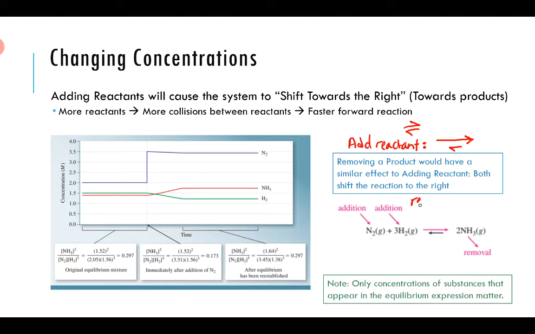And if we remove product, our forwards reaction is the same as it was initially, but now our backwards reaction has essentially slowed down. So it has the same effect, but for different reasons. And so both of these shift right.